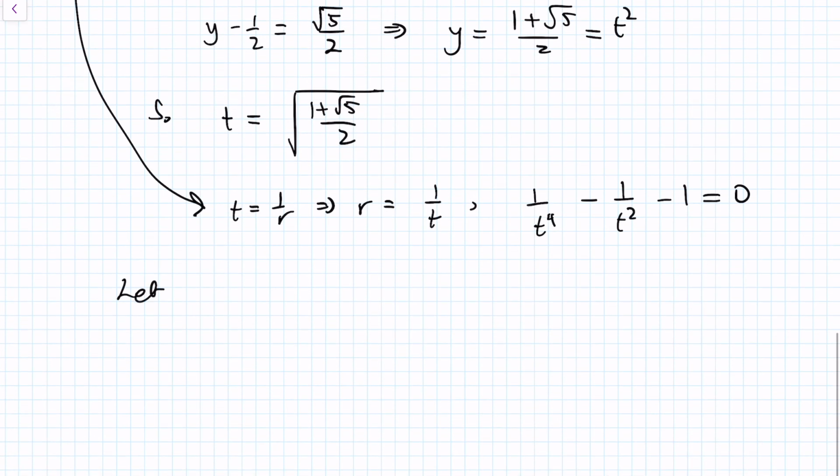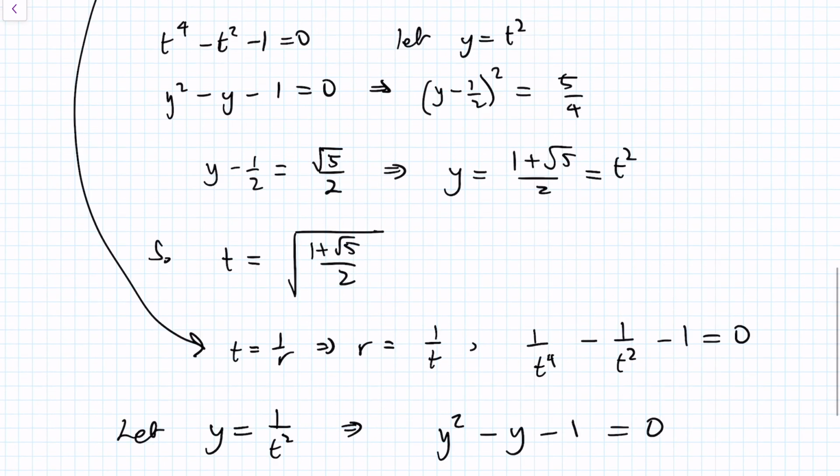Now let y is equal to 1 over t squared. That means y squared is 1 over t to the 4. So we have y squared minus y minus 1 is equal to 0, right? And if you notice that these two polynomials are identical, so that's just right.